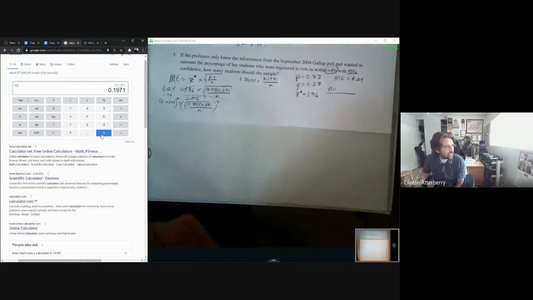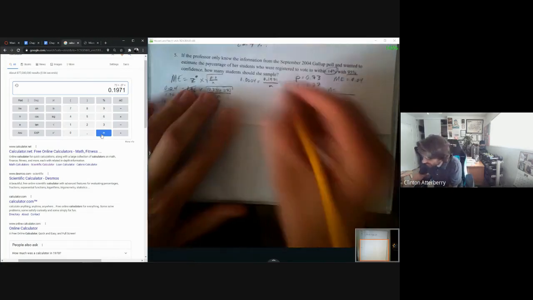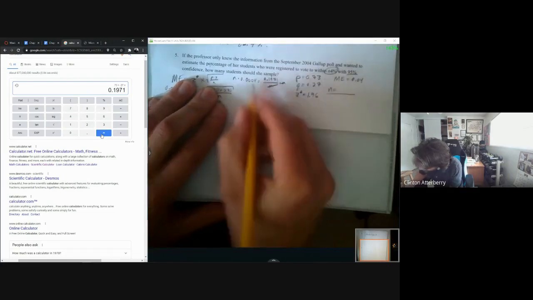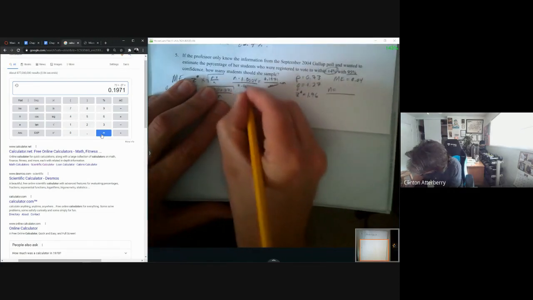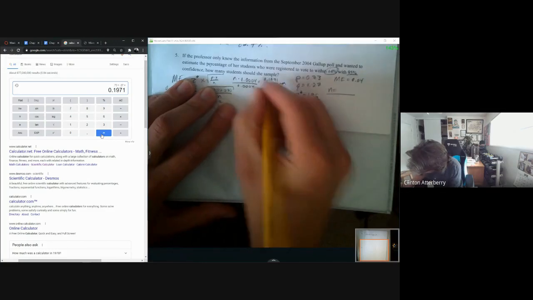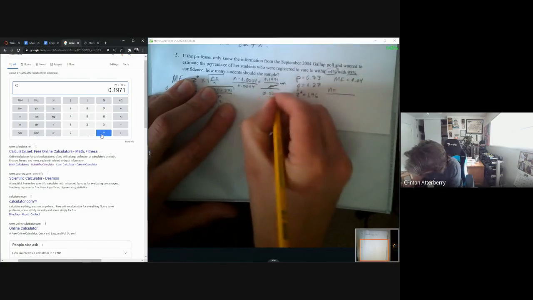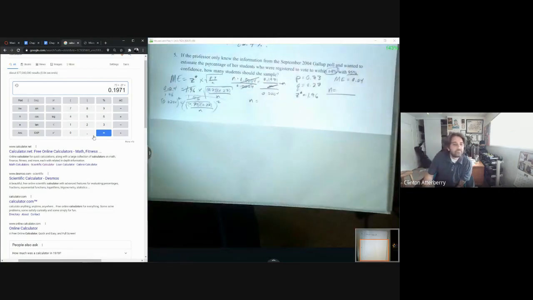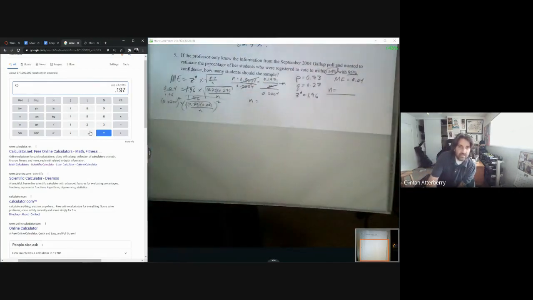So what I would do from here is multiply both sides by n. That would get rid of this, and then divide both sides by the 0.004. So n will equal that 0.1971 divided by 0.0004.